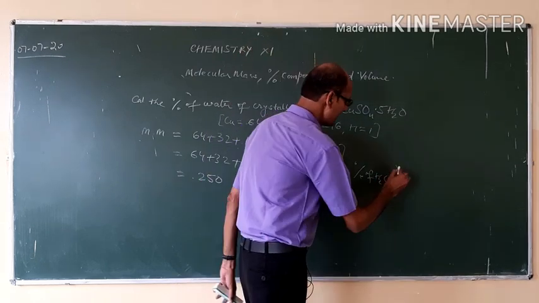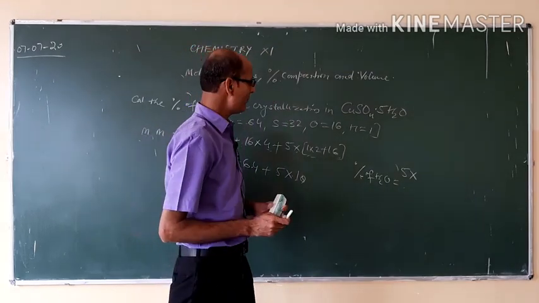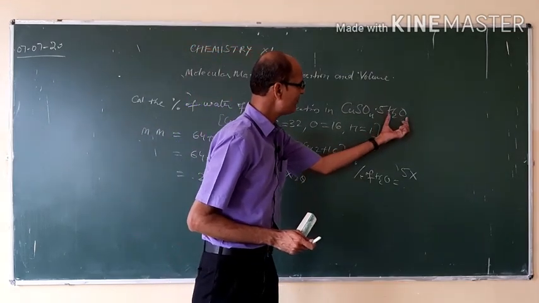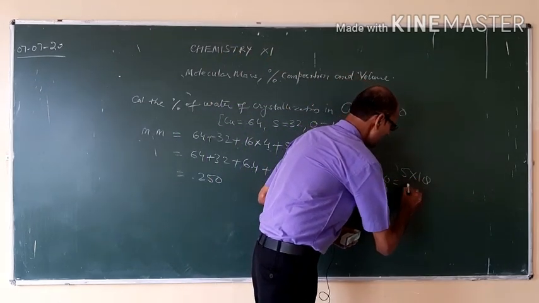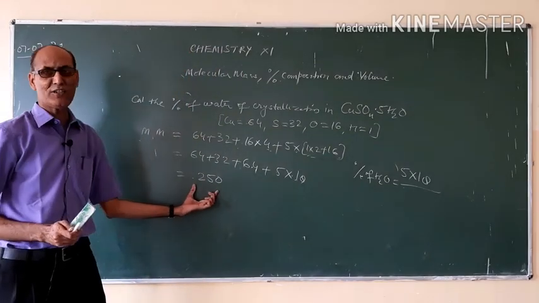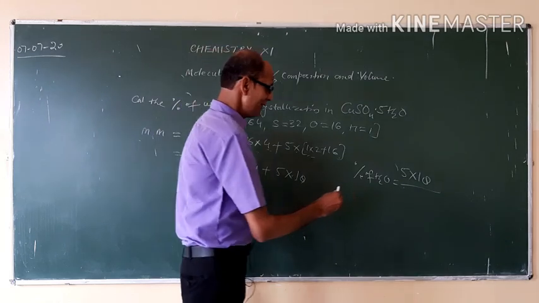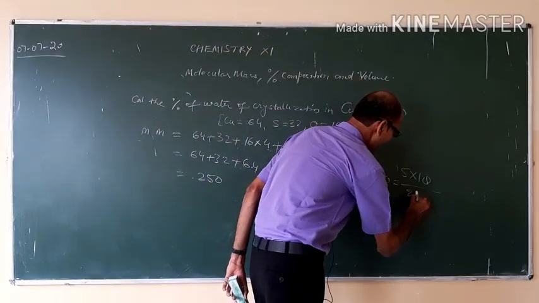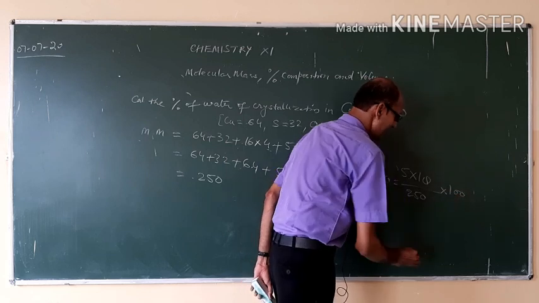First we have to write 5, then the molecular mass of water, that is 18, upon the molecular mass you have calculated here, that is 250, and you want to calculate percentage, so multiply by 100.